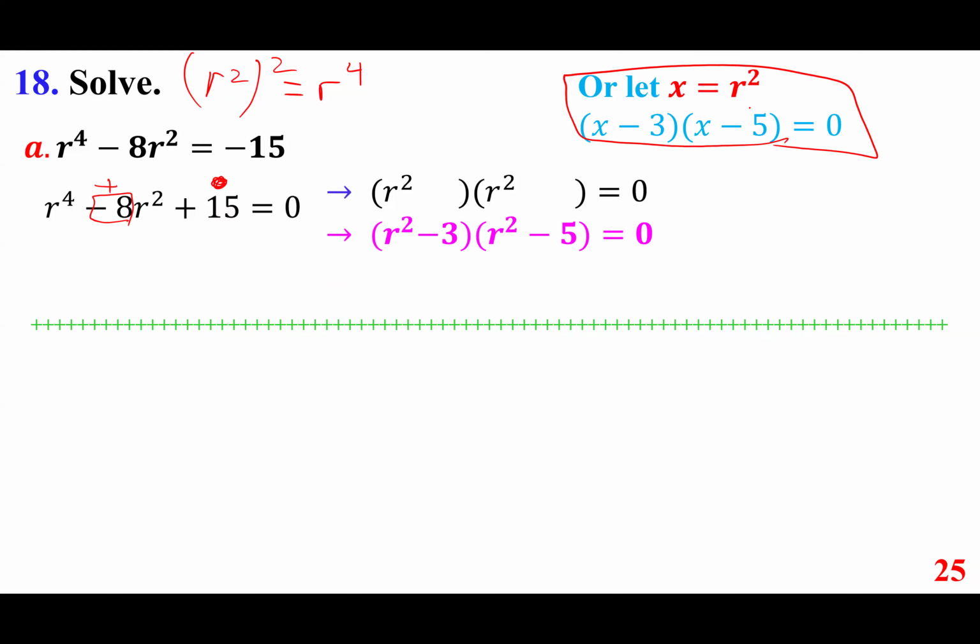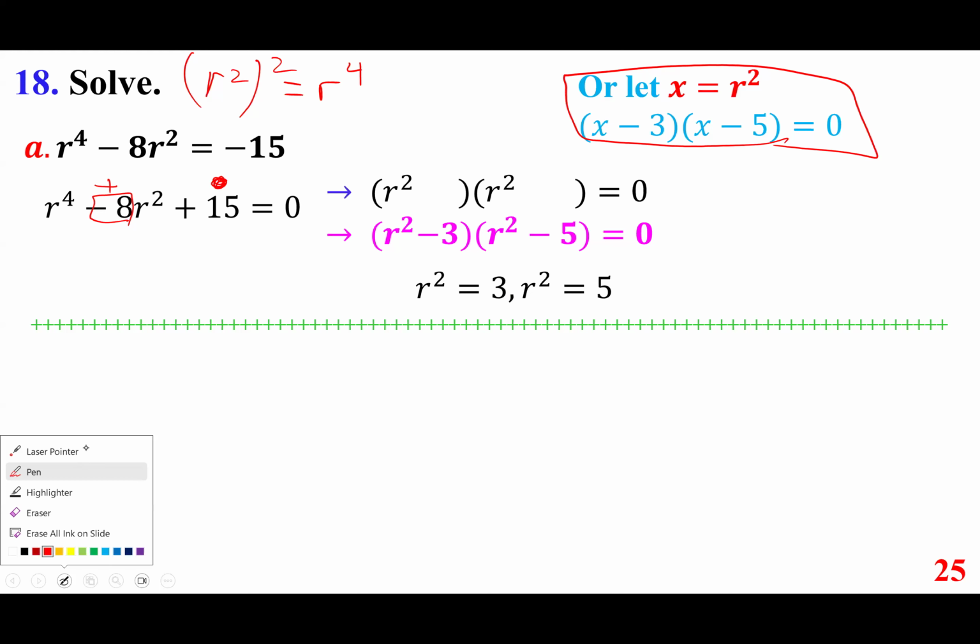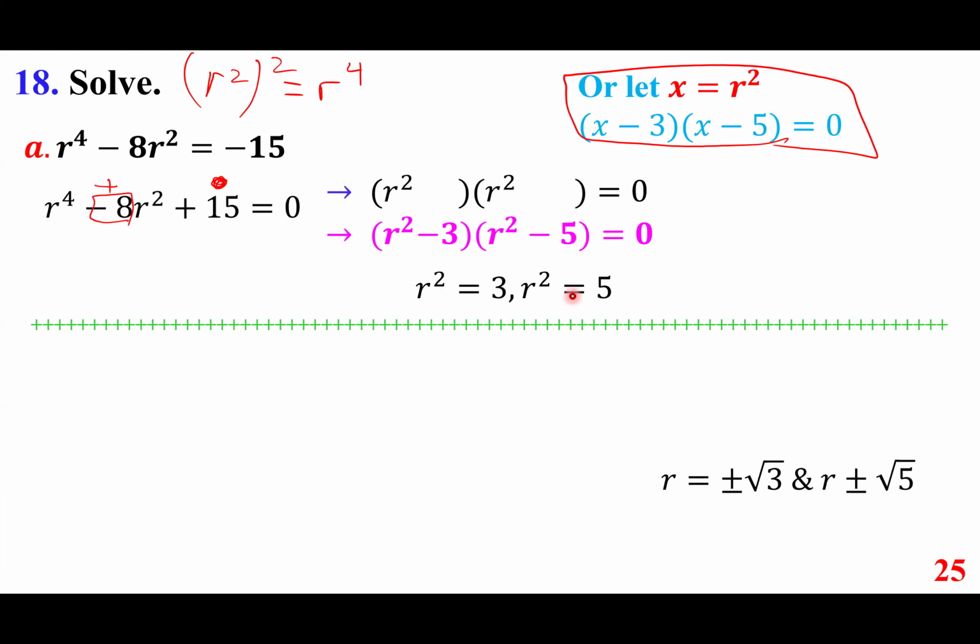Okay, so let x be r squared, in other words, by substitution. So either r squared is 3 or 5. So r is plus minus square root of 3 here, plus minus square root of 5 here, and we're done.